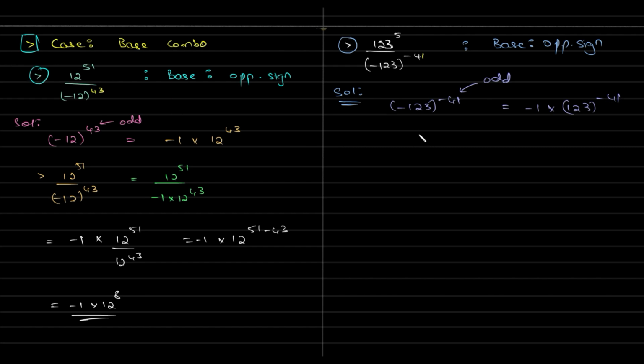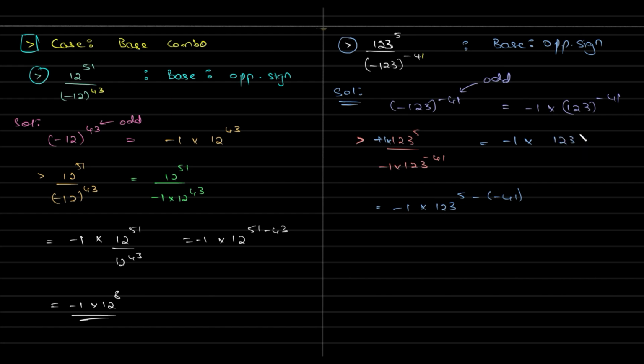The next step is to write the question: 123 to the power of 5 divided by minus 1 into 123 to the power of negative 41. Okay, so we have positive divided by negative, which is negative 1 into 123 to the power of 5 minus of minus 41. Is it not? If you want to do one extra step, you can do it: negative 1, because positive divided by negative is negative, and just copy the remaining part.